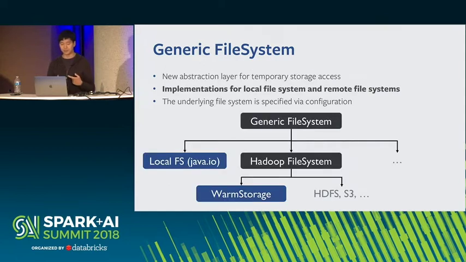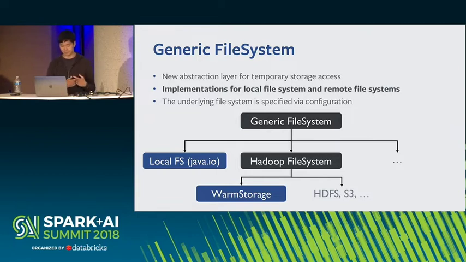And then we implement different implementations for this interface. For generic file system, our first implementation is just the java.io.file system. So we implement our generic file system using the local file system. Then, since at Facebook we have warm storage, we want to support warm storage as the Disagg file system.